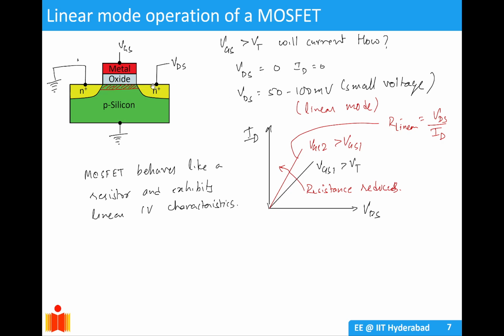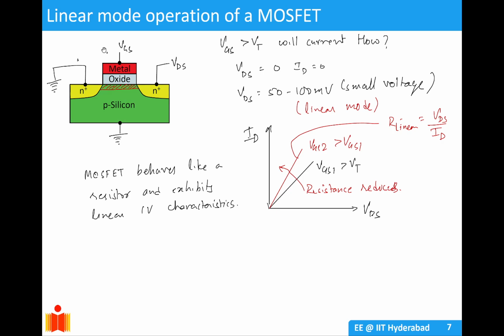But when a small voltage is applied between VD and VS, that is VDS, then it comes into linear mode. This channel is acting like a resistor and it is exhibiting linear IV characteristics, and the slope of this characteristic depends on the VG value.